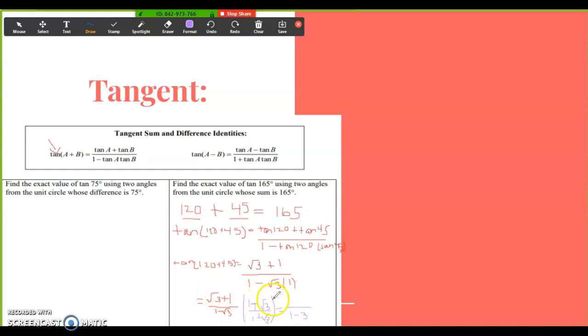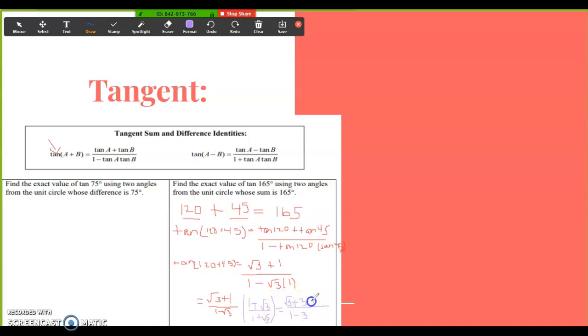On the top, let's do the distribution. We would have a radical 3. We take a radical 3 times radical 3. And that would just be a radical 9. So that's 3. So we'd have plus 3. And then we'd have a 1 plus radical 3.